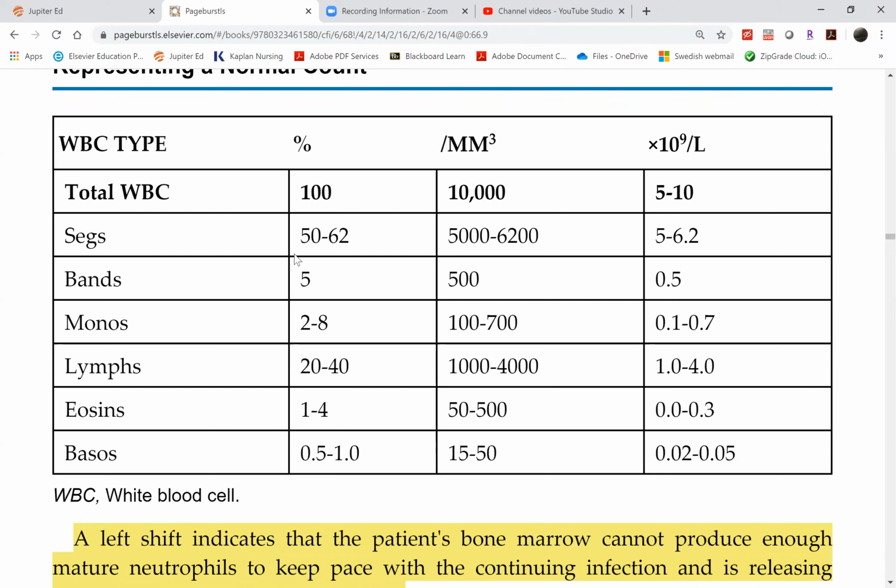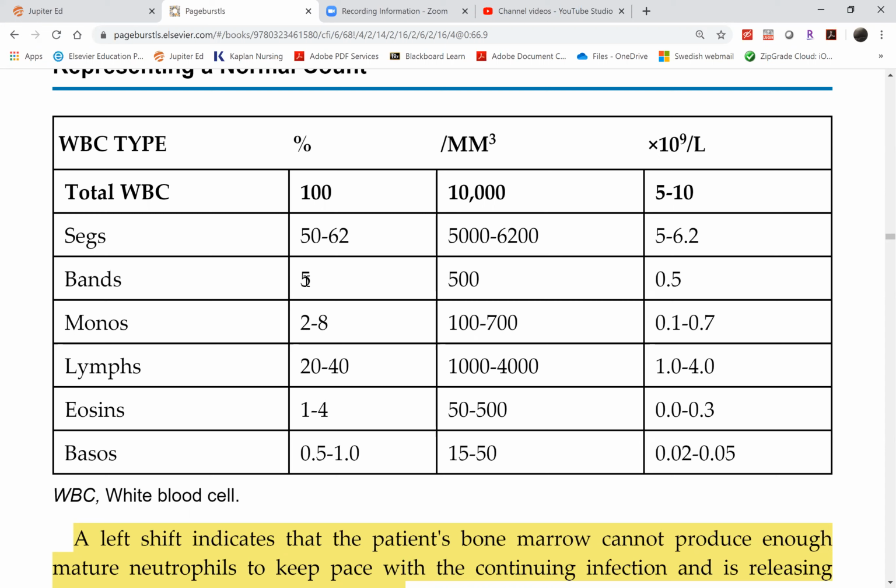In the case of a bacterial infection, meaning the patient is already overwhelmed by the infection because you now have manifestations of the infection, this will increase because at this point, the bone marrow cannot keep up with the blood cell production. So what the bone marrow will do is just release whatever it's got. Even if the neutrophils aren't ready yet, they will release them into the bloodstream because of the presence of infection.